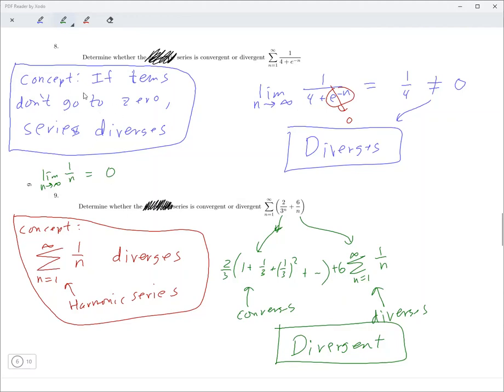But this is not saying that it's going to converge. It only says that if your terms don't go to 0, then you're going to diverge. In other words, the only chance of converging is if your terms go to 0, but it's not a guarantee. Here, these terms go to 0, but this diverges. Any questions about that?